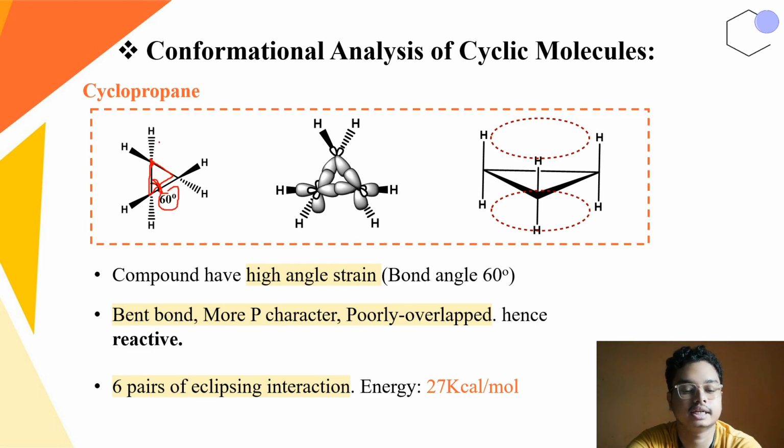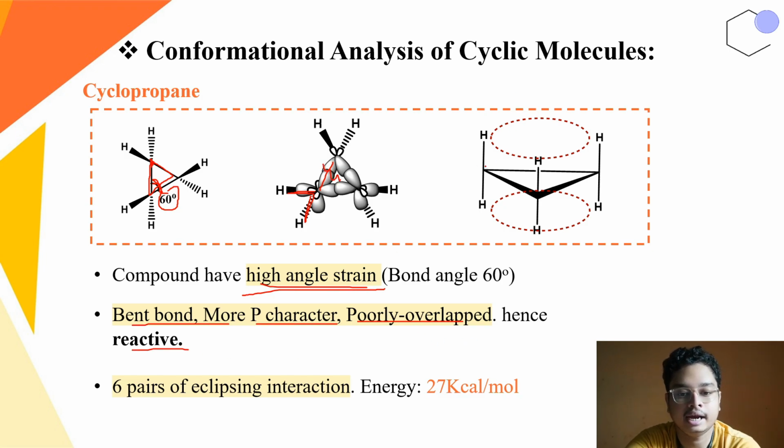Due to this sudden squeeze, the ring exhibits a high angle strain, and that's why cyclopropane is found to be very reactive. These two bonds are elongated due to the higher p character, and these bonds are poorly overlapped, and hence it is reactive.